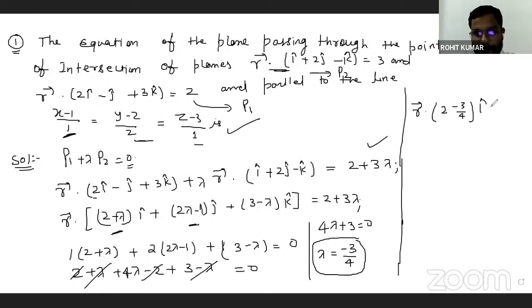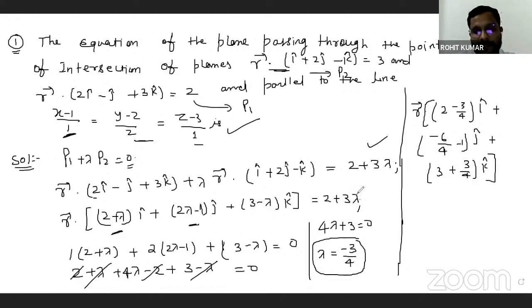Plus 2 lambda - 1, so -6/4 - 1, j, plus the k value, which is 3 - lambda, that is 3 + 3/4, k. The entire thing is equal to 2 + 3 lambda, which is 2 + 3 into -3/4.